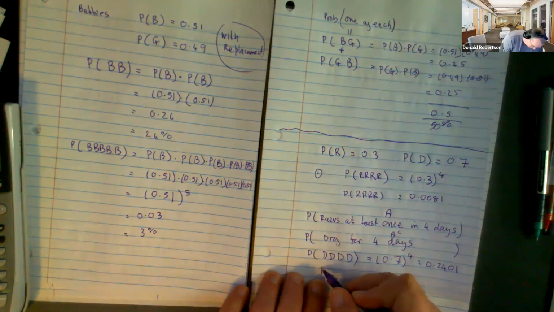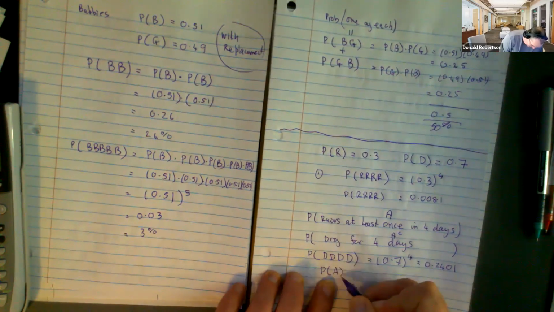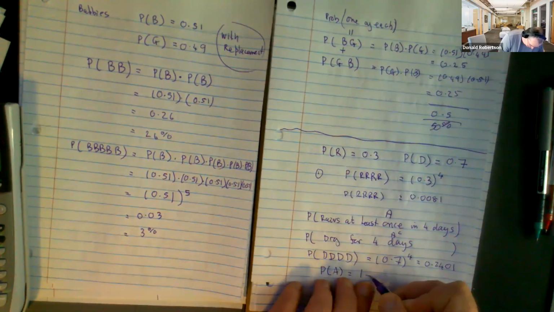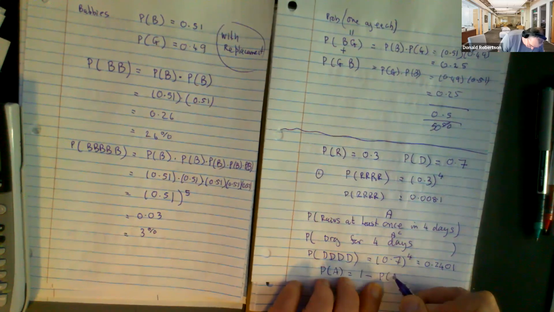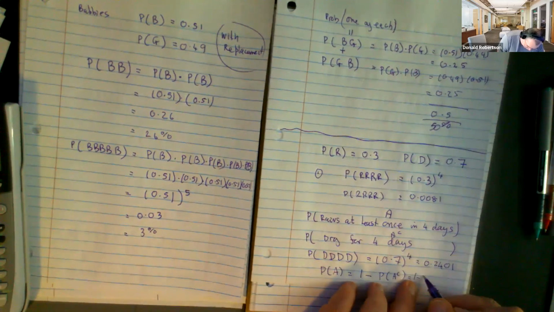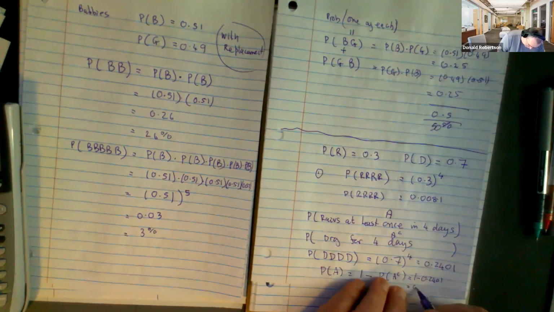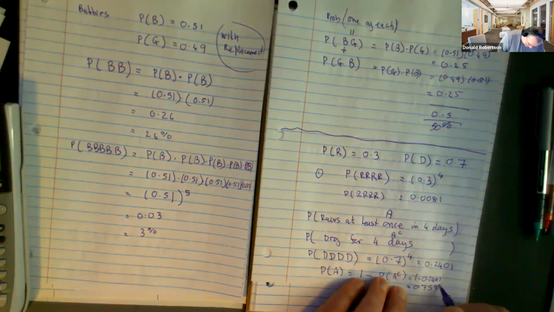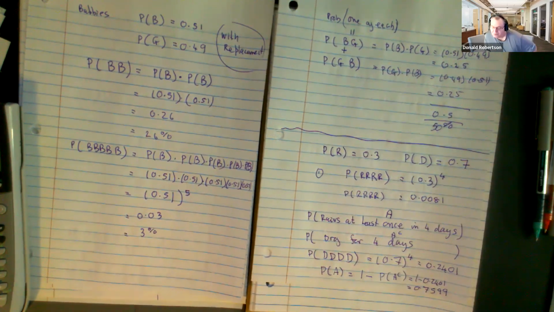So the probability of what I wanted, which is A, is just 1 take away the probability of its complement. So all I really need to do is take that away from 1 and I've got my answer. And my answer will be 0.7599. Was that not a sneaky way of getting that answer?